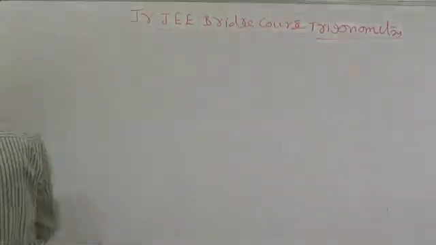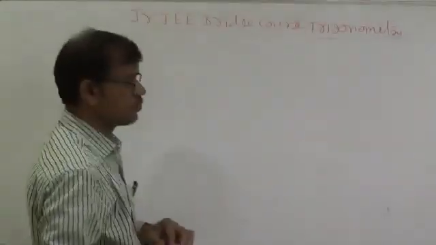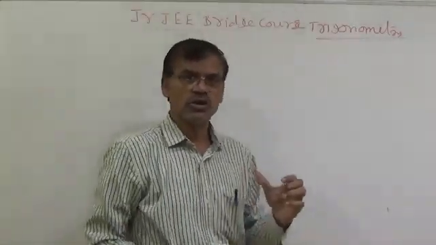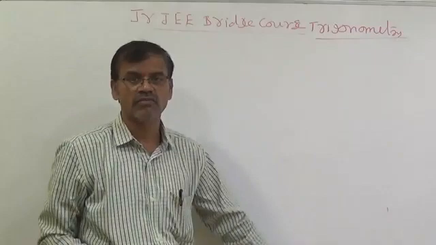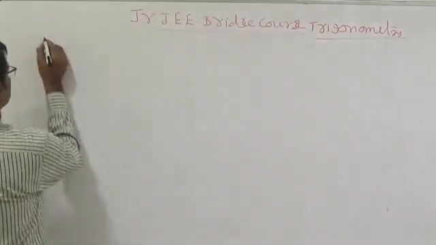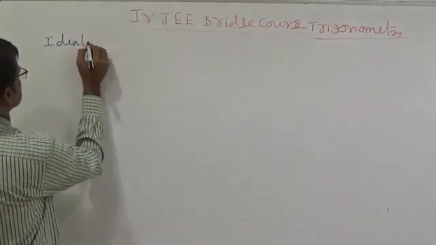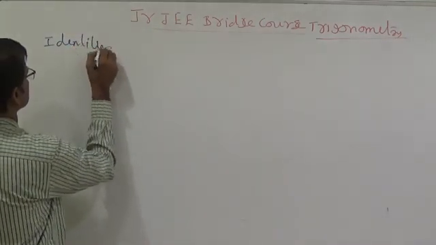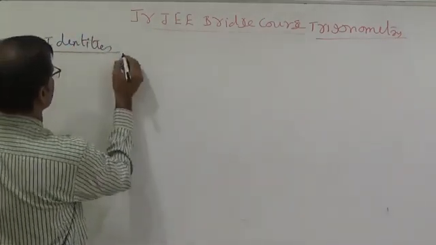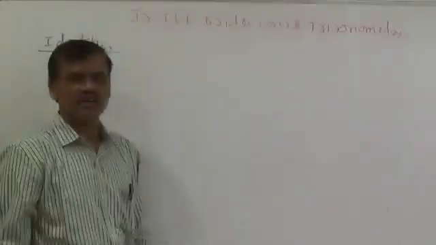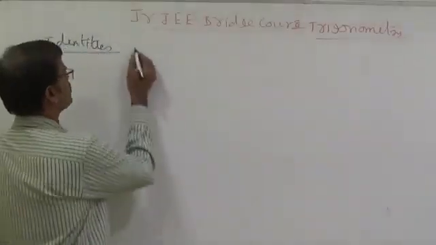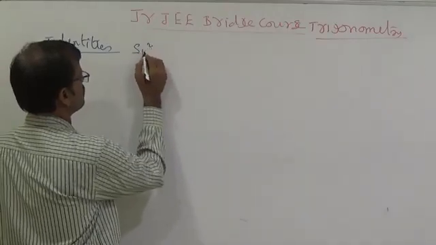Every student knows this, but you should remember all the formulae once again. Now I am putting the heading as trigonometric identities. Identities means the answer should be 1.